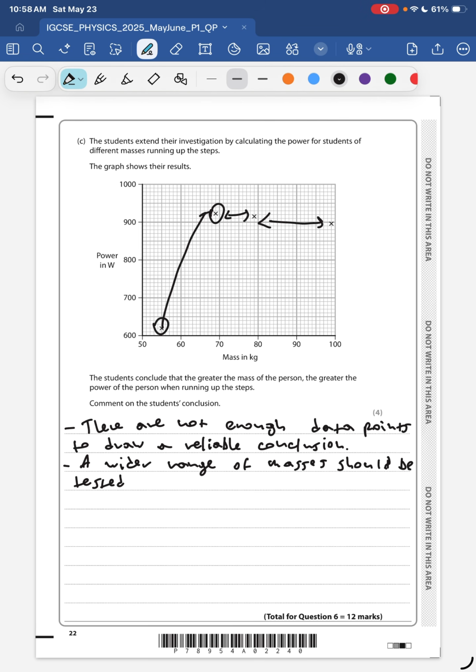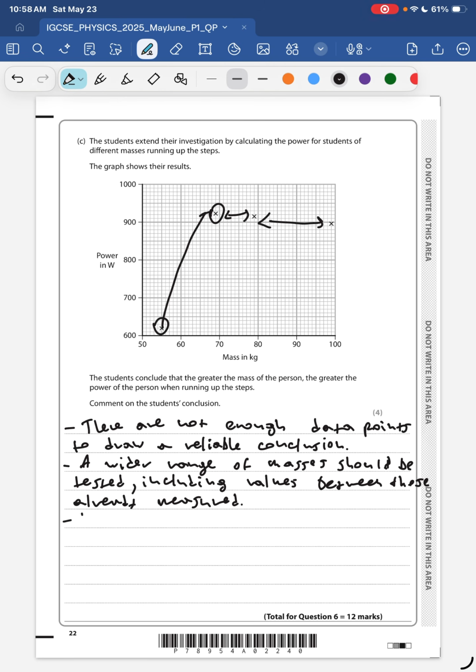Including values between those already tested, so between those already measured. Okay, that's better.